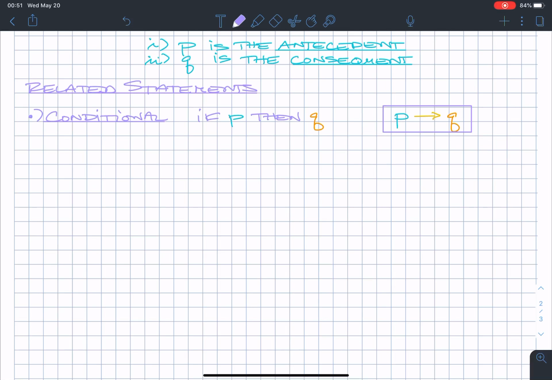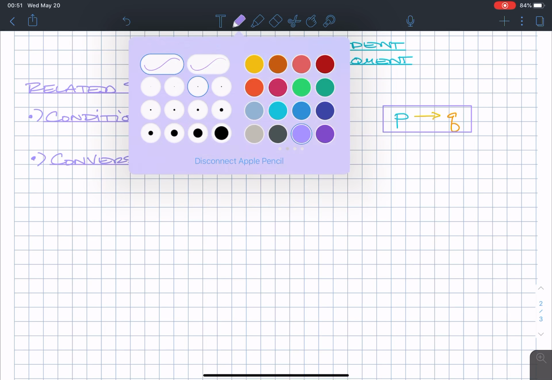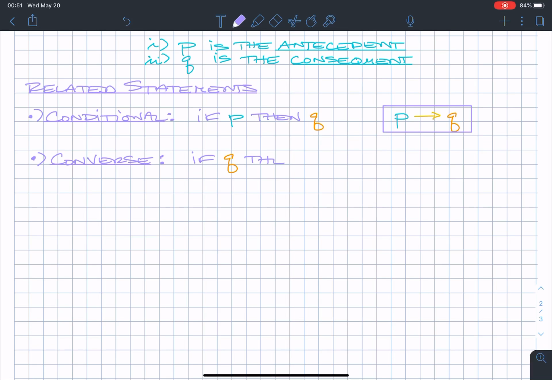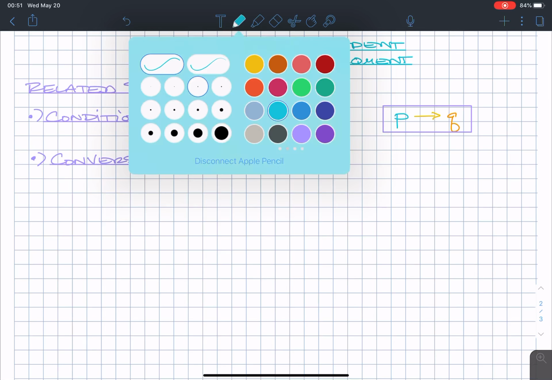So the next statement is called the converse. So the converse is given by if Q, then P. Well, we know how to do the if, then. It's a right arrow.